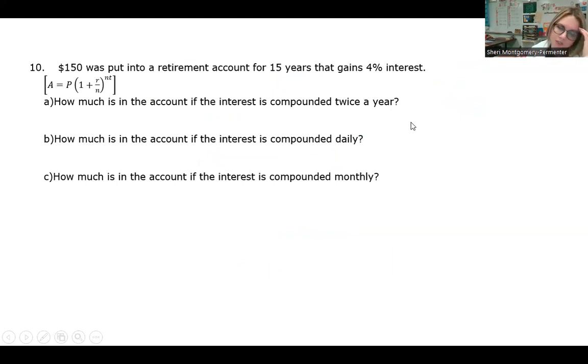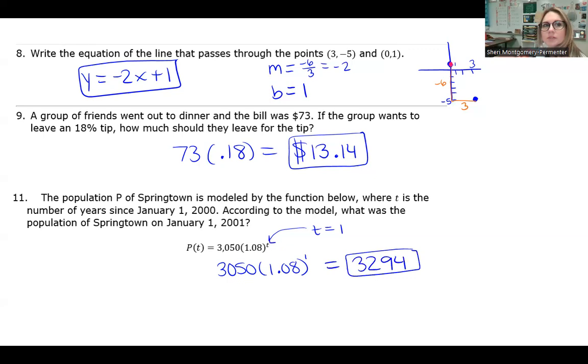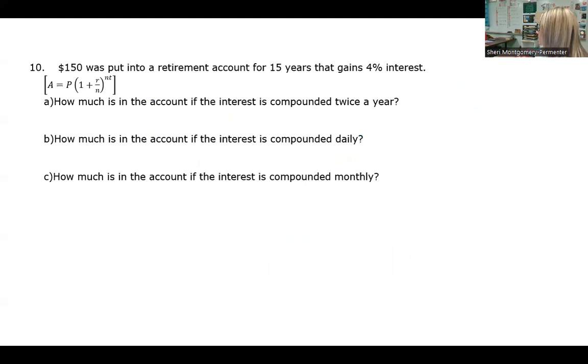And the last question, this uses that formula that we used. Did you use your calculator and type it in? Okay. The last question, we have $150 that's put into retirement for 15 years. It gains 4% interest.